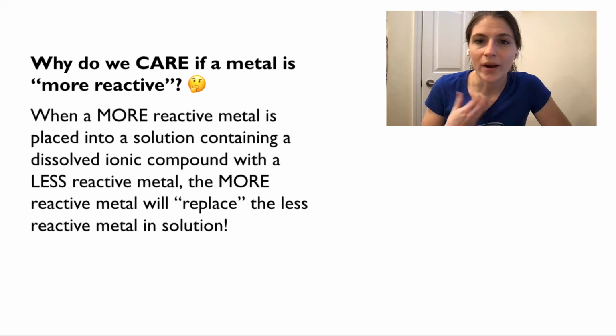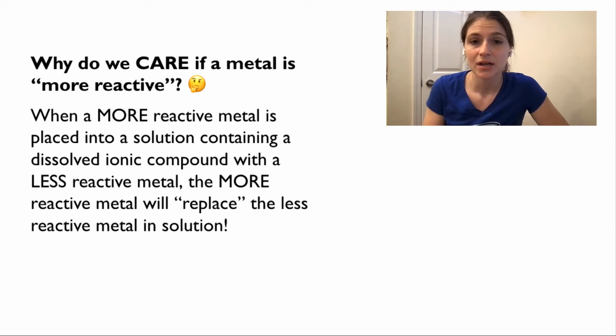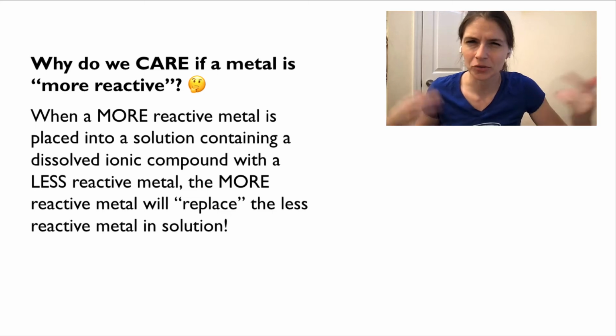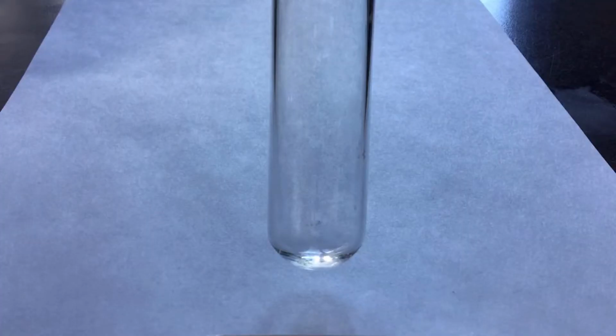Turns out when a more reactive metal is placed into a solution of a dissolved ionic compound that contains a less reactive metal, the more reactive metal will actually replace the less reactive metal in solution. It ends up being pretty cool looking. We'll watch an example now.